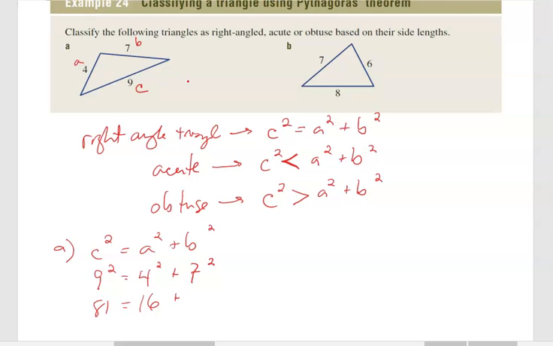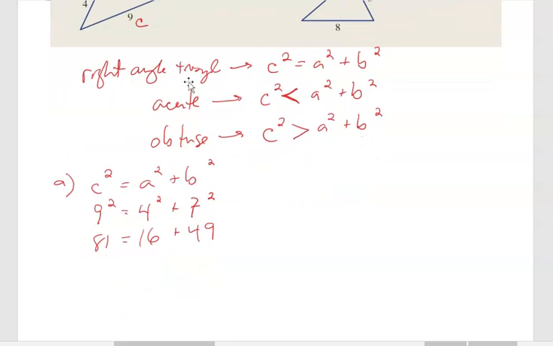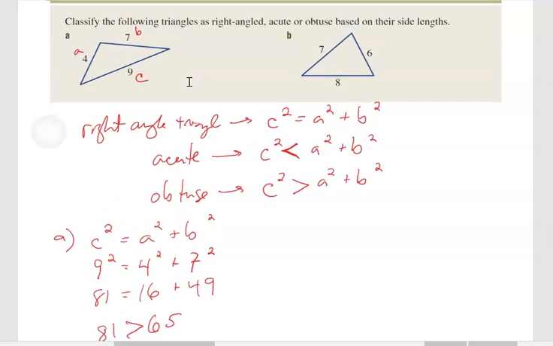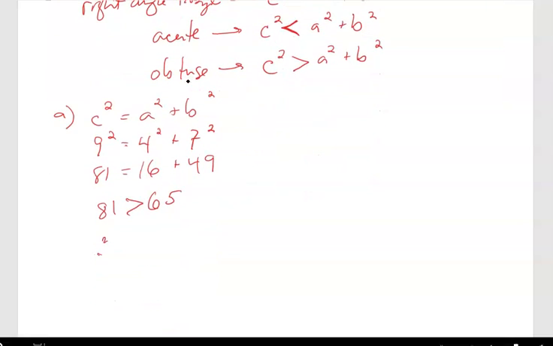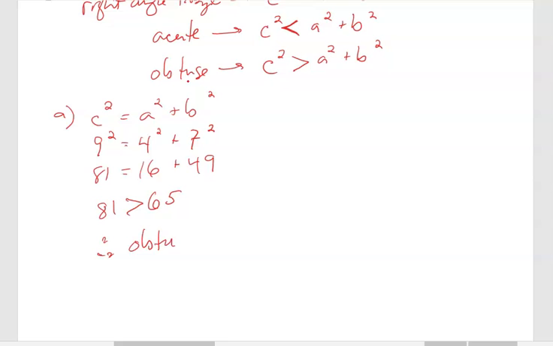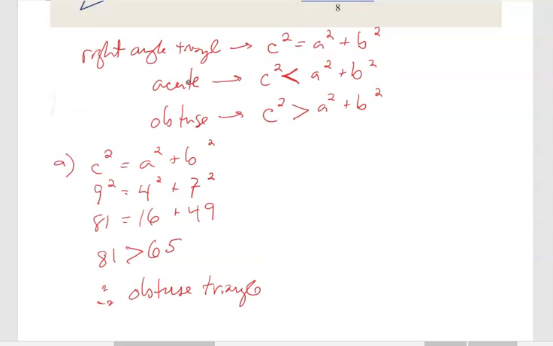Check with the calculator. 49. 49 plus 16 is 65. So 81 and 65. 81 is greater than 65. I think you might even be able to see here that that's bigger than 90 degrees. So this is an obtuse triangle, which is not the correct pronunciation, but we're having fun.